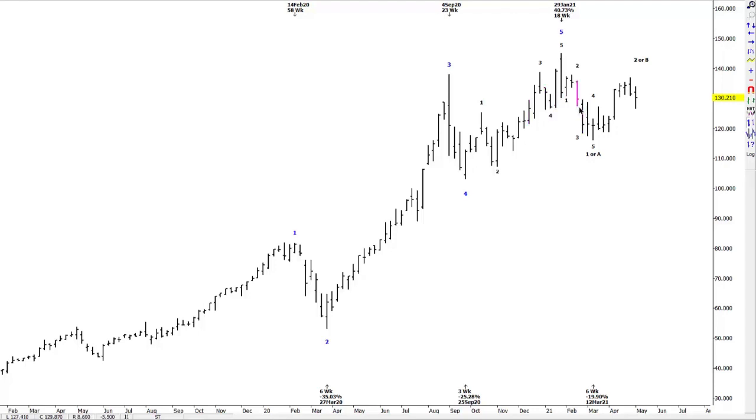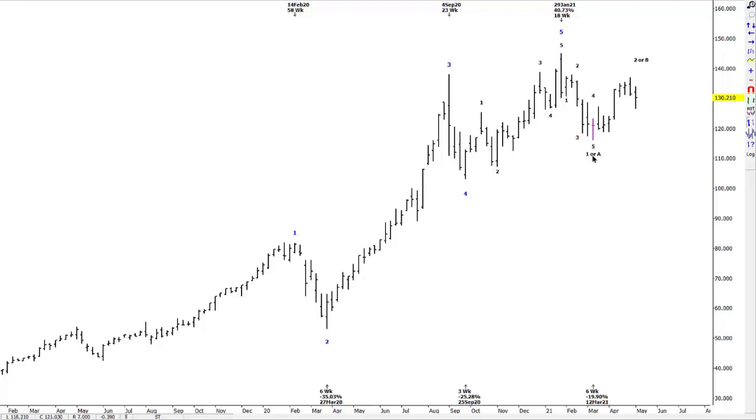And as I know, as of February, when we took out the wave 4 of 5 low, Apple had confirmed that at least this 5-wave advance was complete. And if we have waves 1 through 4 here correct, it would indicate the higher time frame wave 5 was complete. What I do know is that we had an impulsive 5-wave decline, and usually we should not complete a correction on 5 waves.